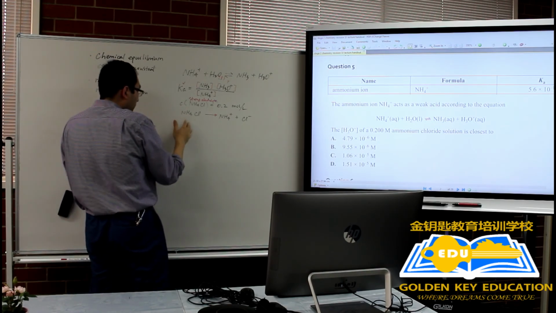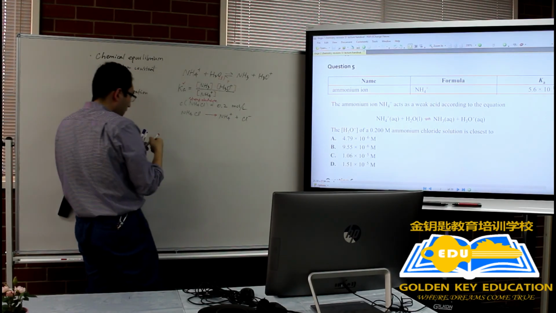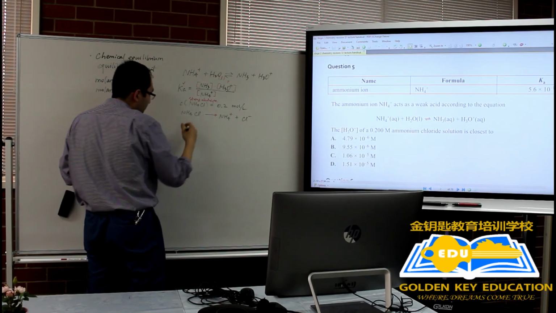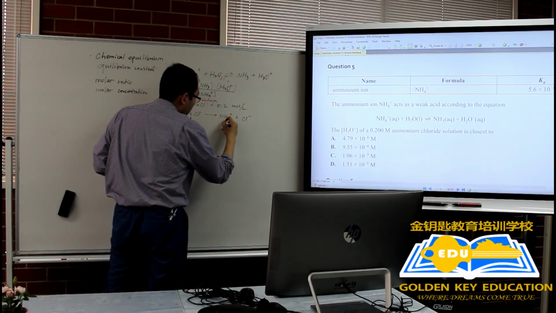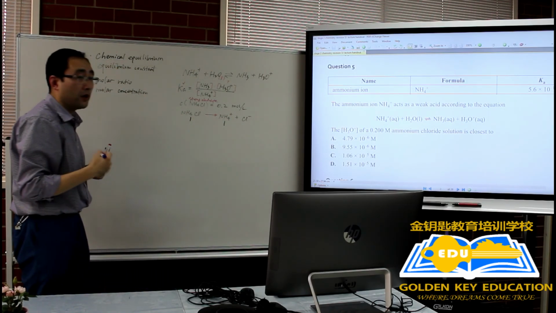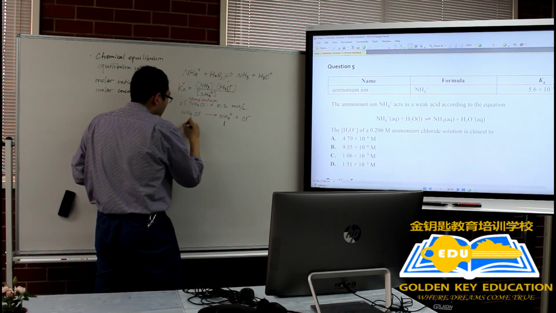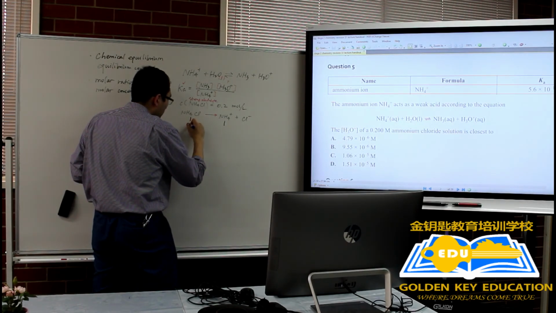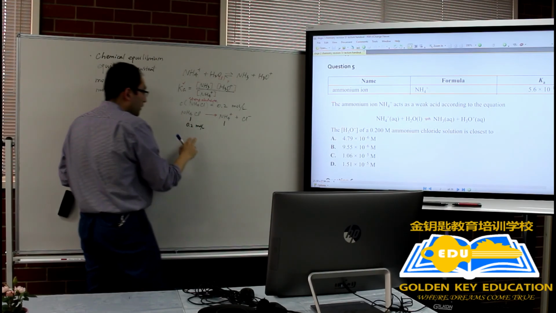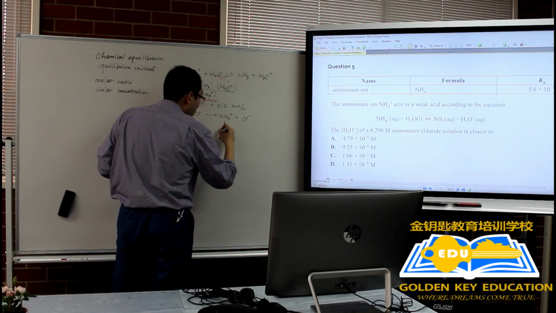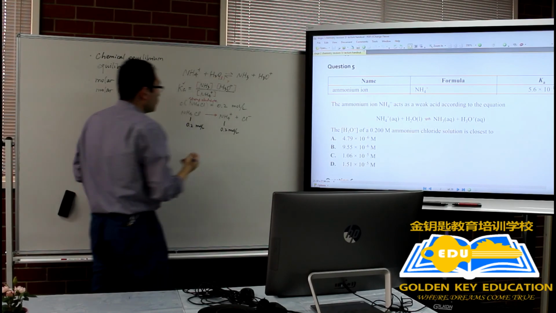All right? And then if you look at the molar ratio between these three compounds, every 1 mole of ammonium chloride releases 1 mole of ammonium ion, which means if the concentration of ammonium chloride is 0.2 mole per liter, the concentration of the ammonium ion should be 0.2 mole per liter as well.